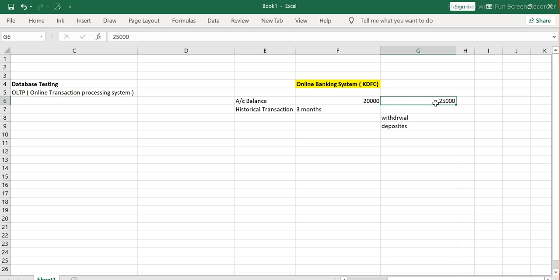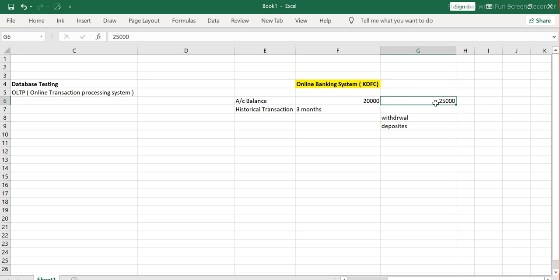Now as part of this, what all is supposed to happen in the backend? As soon as you deposit 5,000 rupees, there should be an update trigger, which will look at whether you are doing any kind of update on this particular value, and then it will perform multiple operations.